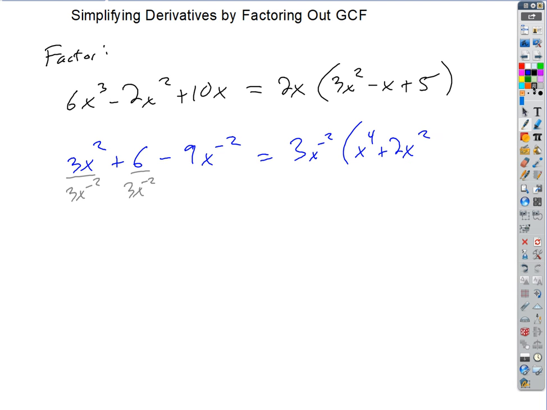And then finally, what is -9x to the -2 divided by 3x to the -2? -3. Okay? Make sense?